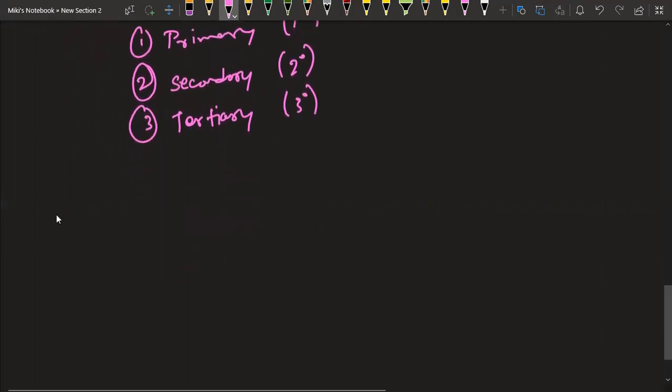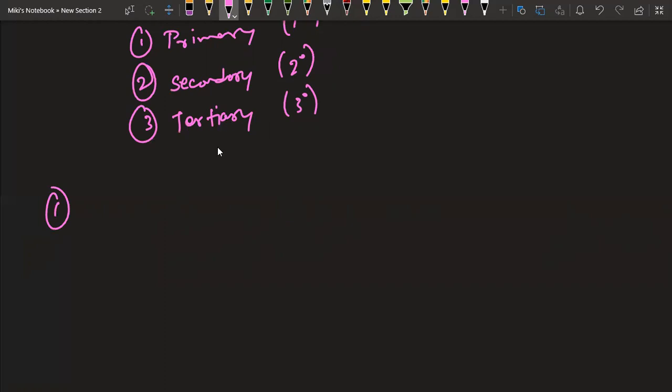Now let's define each of them. First one, which is primary. A primary structure is the sequence of the amino acids in the polypeptide chain. When we give some examples, it will make more sense, but for now just go with the flow.